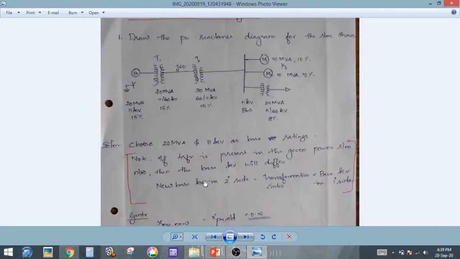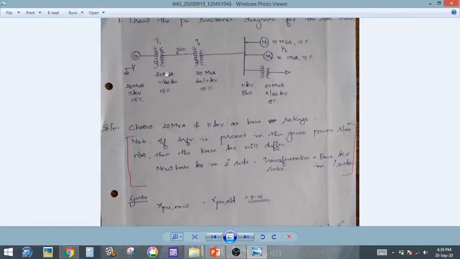Hence the new base kV on the secondary side equals the base kV on the primary side times the transformation ratio. Suppose for T1 the transformation ratio K equals secondary voltage divided by primary voltage, that is K equals 66 divided by 11. Base kV up to T1 is 11 kV.